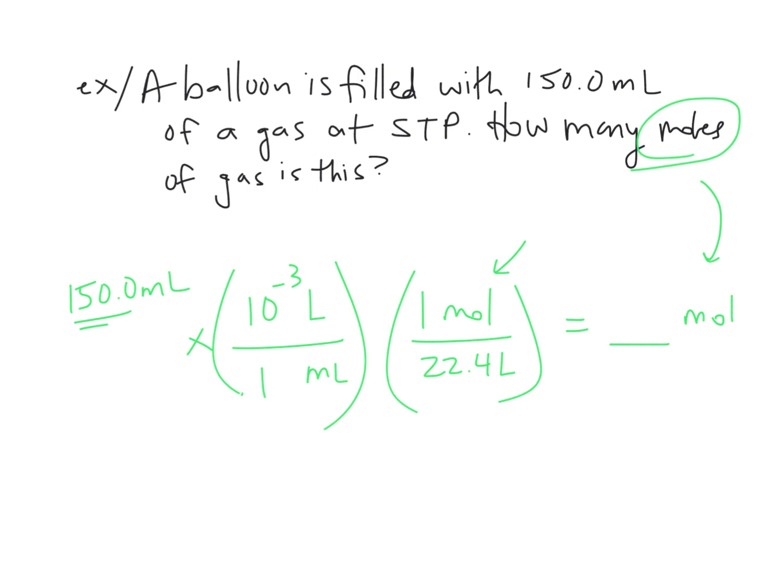That way you can stack it all up. So you do 150 times 10 to the minus 3 divided by 22.4, and if you look at the whole thing, all of the units will nicely cancel and leave you with moles. If you pump it into your calculator, which you should do, you'll get 6.70 times 10 to the minus 3.